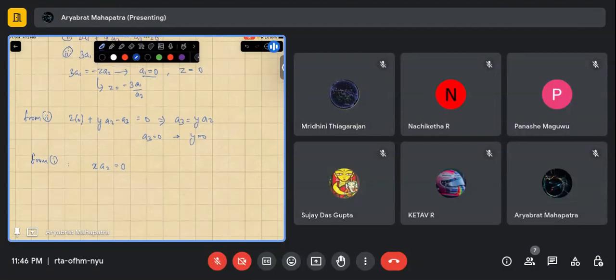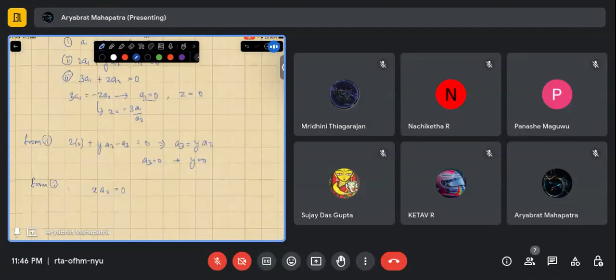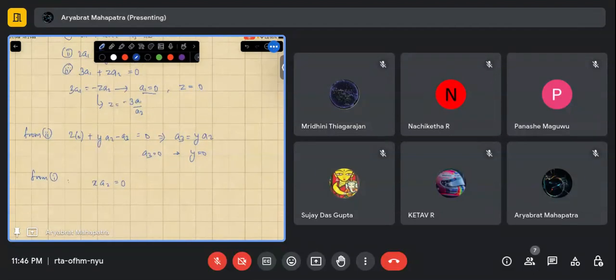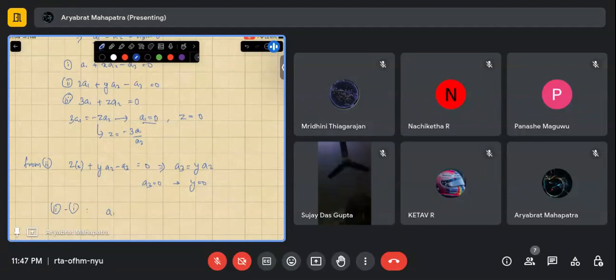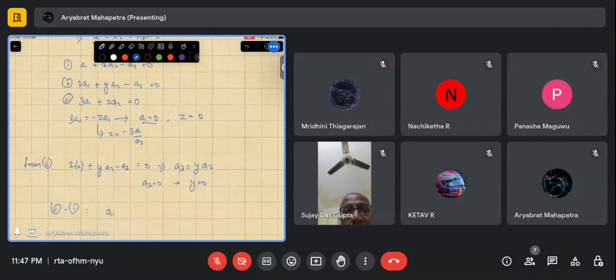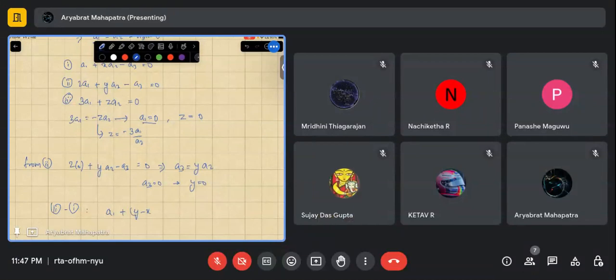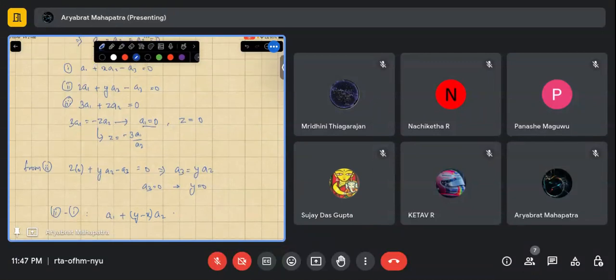What I was telling is that you can take the difference. So let's forget this part right now. This one will give you a1 plus 6 a2 equals 0.